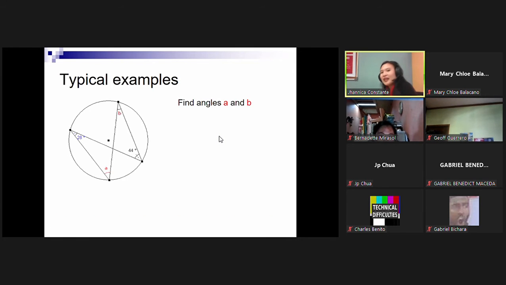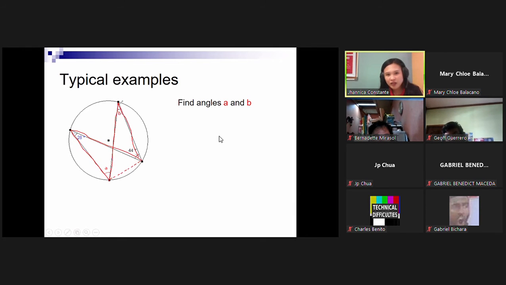Another one is solving for the measurement of angles A and B. For example, we have 28 degrees for one angle and 44 degrees for the given angle of the triangle. Imagine that we're going to draw a chord in this circle. This is the first triangle, and we have the second triangle, which is this one.